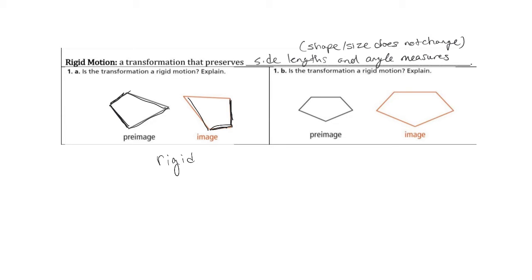And in B, the shape stayed the same, but the size changed. So size changed, so it's not rigid. That's an example of it getting bigger, and it could also get smaller. We'll do that in a different section. These are focused on rigid motions.